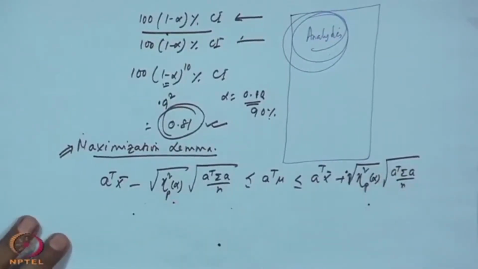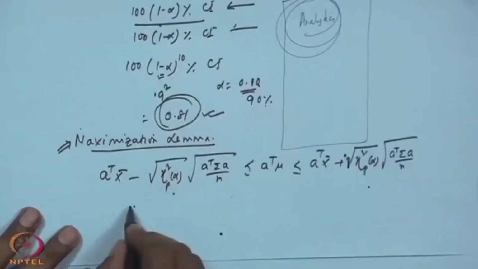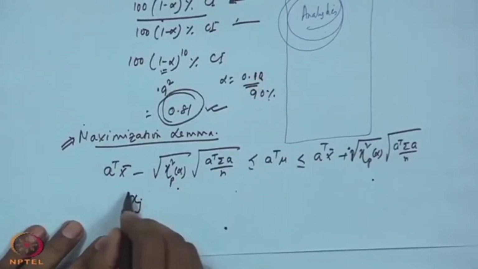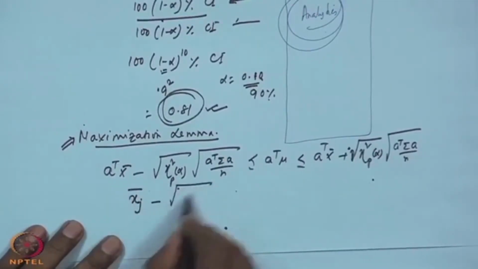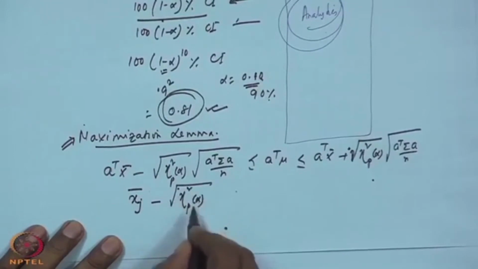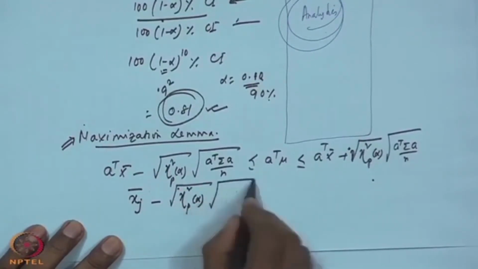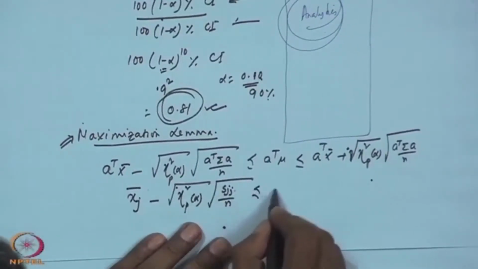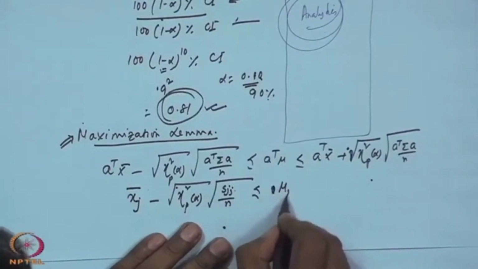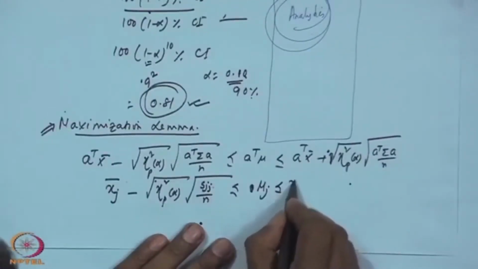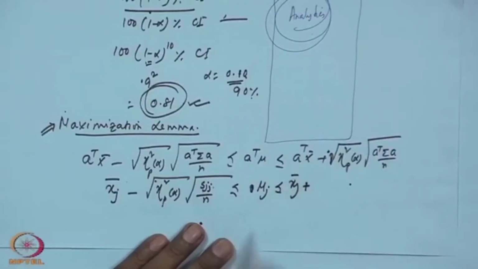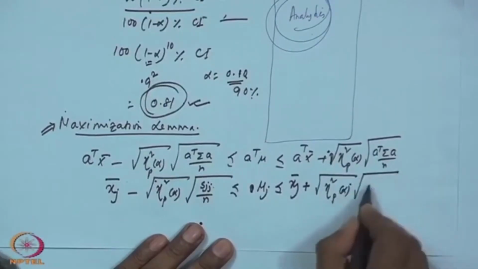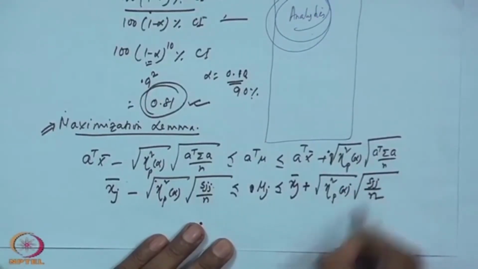Now, if you select A in a similar manner, then your individual confidence interval will be x j bar minus the square root of chi-square p alpha times the square root of s j j by n, less than or equal to mu j, less than or equal to x j bar plus the square root of chi-square p alpha times the square root of s j j by n.